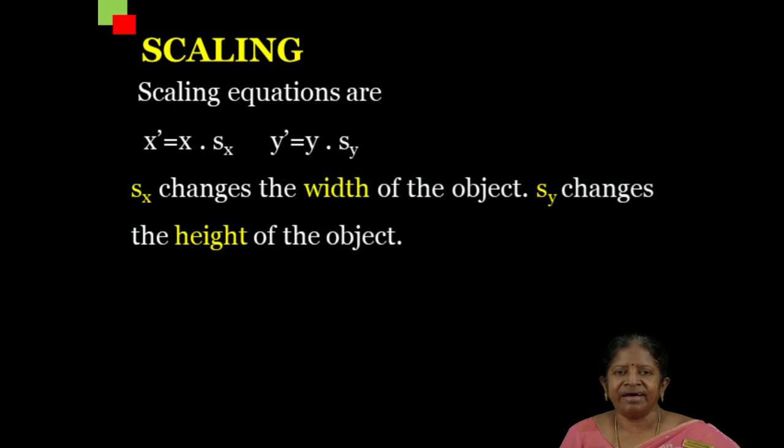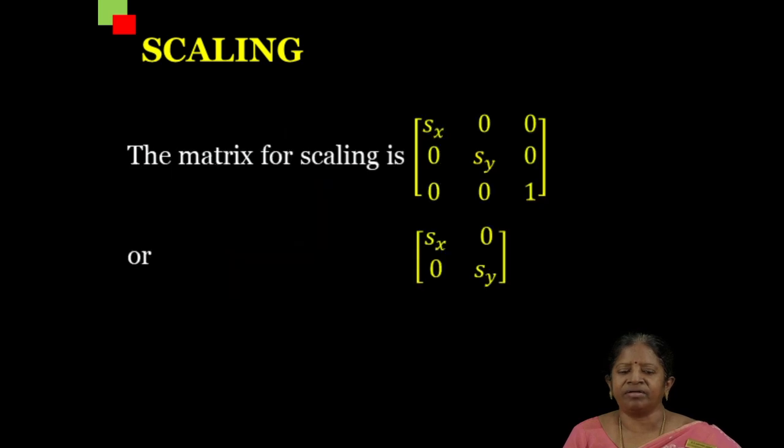Then x dash, y dash can be formed by multiplying the x coordinate of the original point by the x scaling factor, and the y coordinate is multiplied by the y scaling factor. So, we can say Sx, the x scaling factor, changes the width of the object. Sy, the y scaling factor, changes the height of the object.